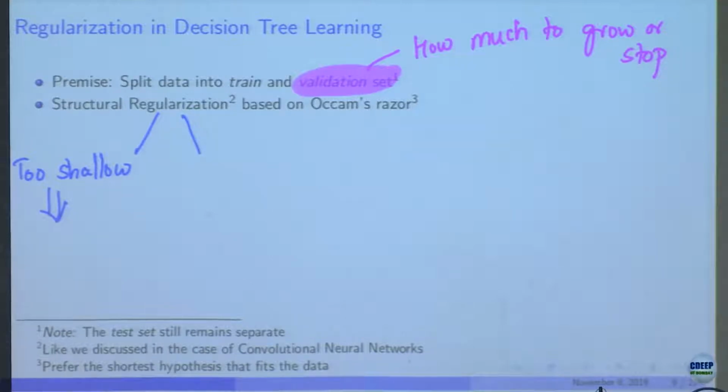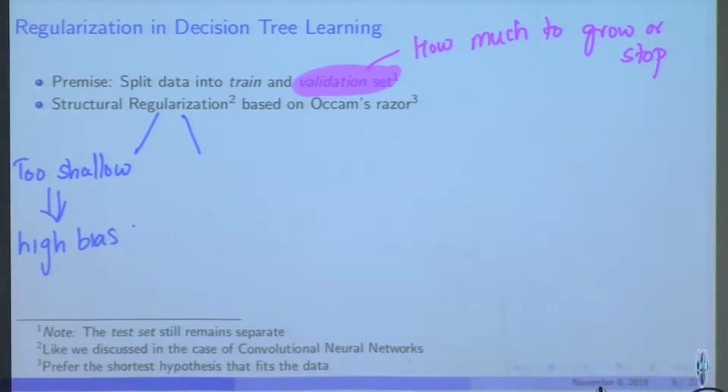If I say I'll stop with one attribute, that will be very high bias. I'm biased towards too simple a model, right? It's like a linear fit. If I always had a linear regression fit and didn't allow polynomial, linear has higher bias than polynomial.